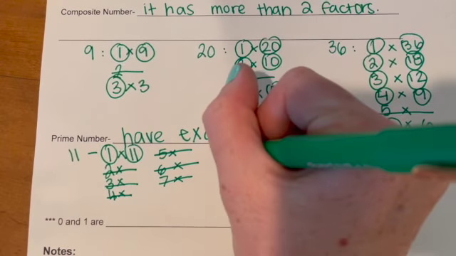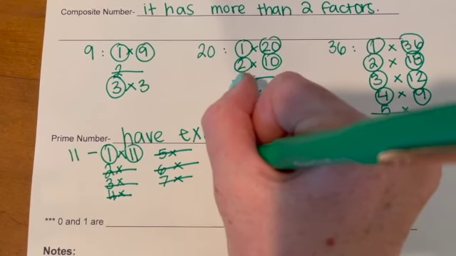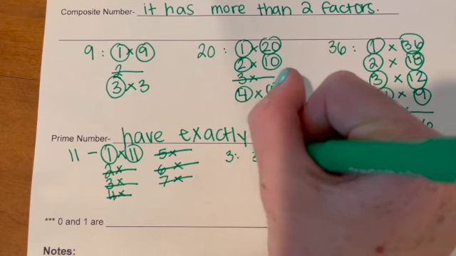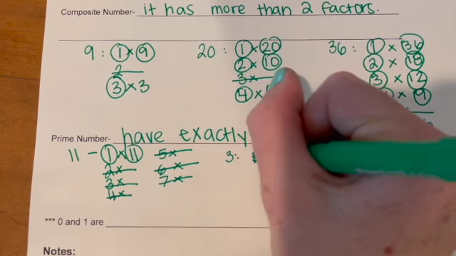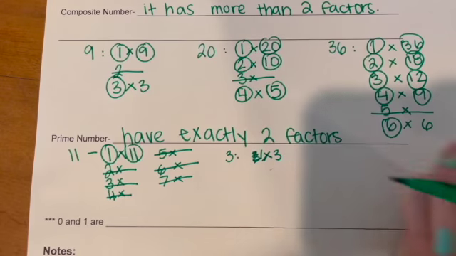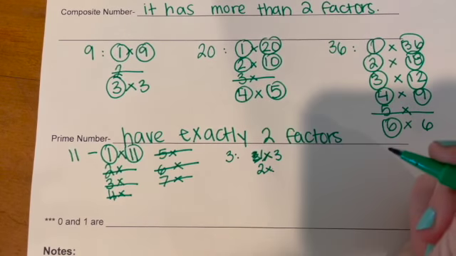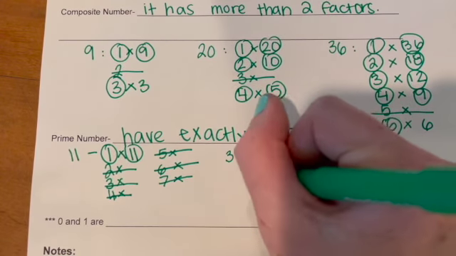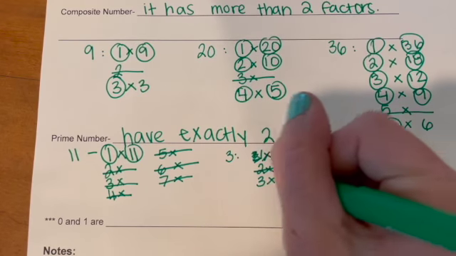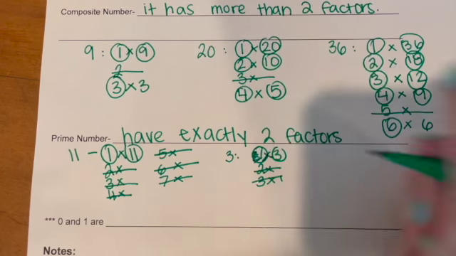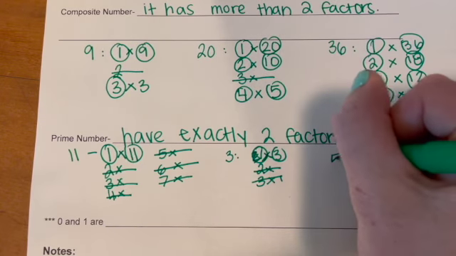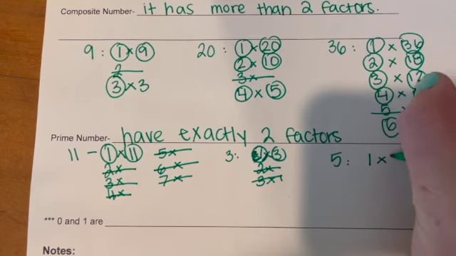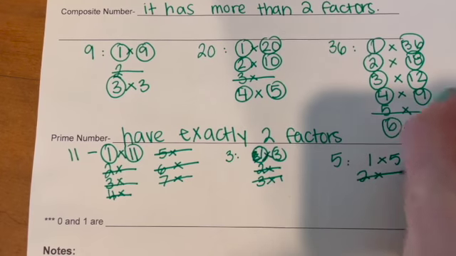Let's think of the number 3. 1 times 3 is 3. 2 times, I can't multiply 2 by anything to get to 3. 3 times 1, I'm at a repeat, so my only factors are 1 and 3. Okay, and let's look at 5. I can multiply 1 times 5, 2 times, 2 doesn't work. 3 times, I can't get anything. 4 times, nope.